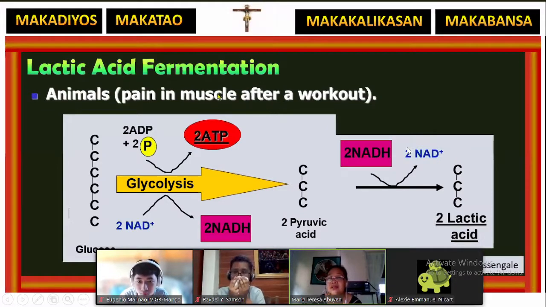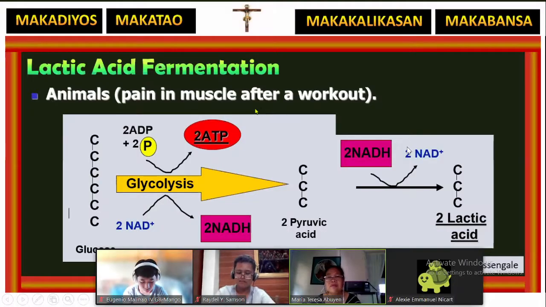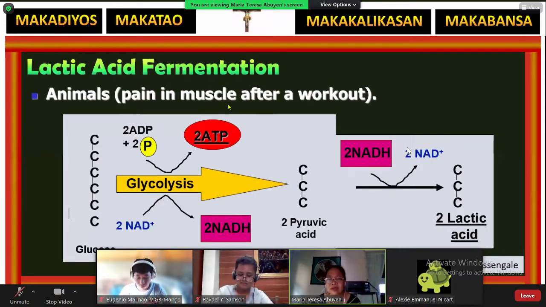Now, for these cells to go on living, to survive, they must produce adenosine triphosphate. How can they produce adenosine triphosphate? Through fermentation, through glycolysis rather.